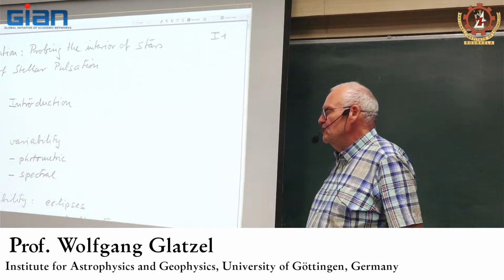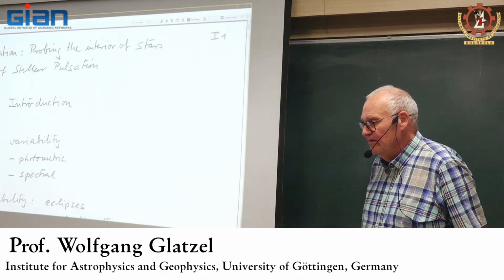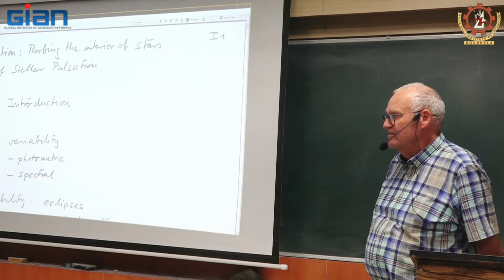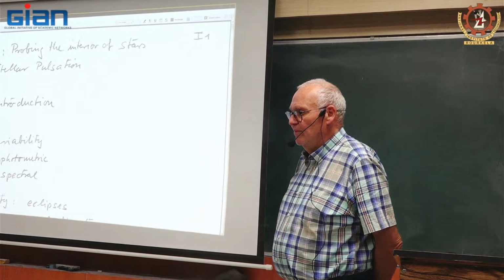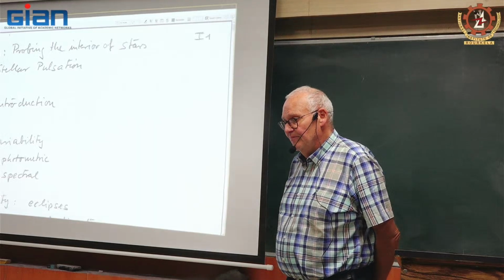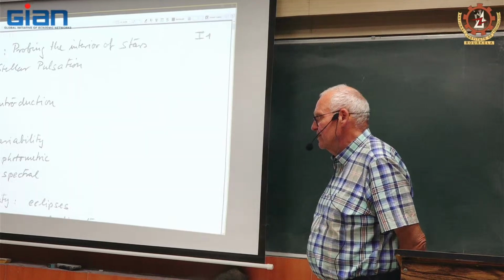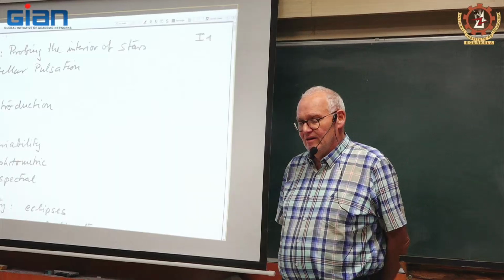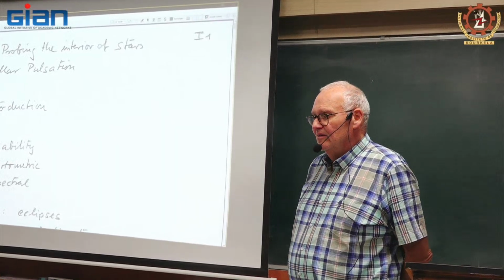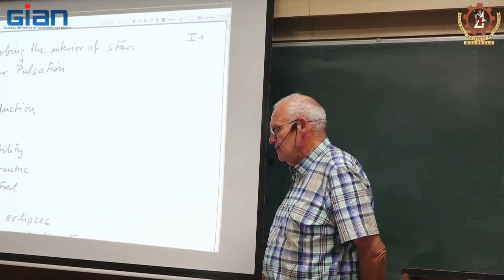So the observations tell us that some stars, if not all stars, are variable. This variability may show up either photometrically, that means in terms of the light curves these objects have, or spectroscopically, in the way the spectral lines vary with time.